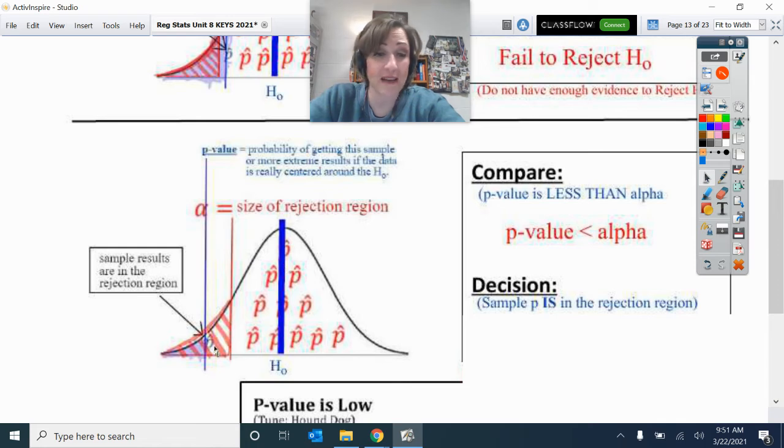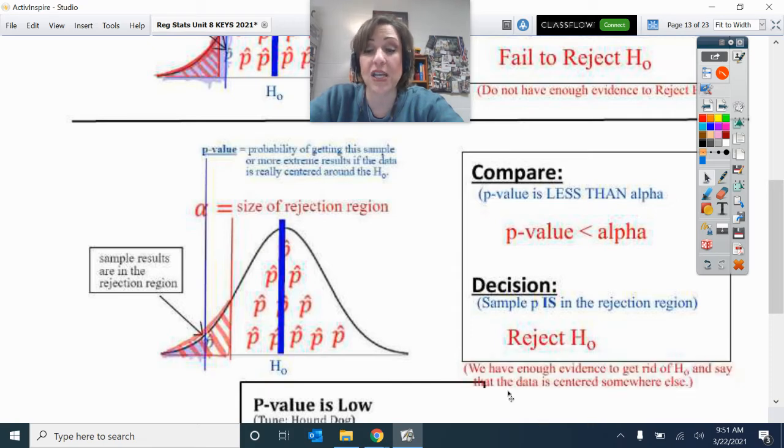If this one is far enough out there, do you think the data is really centered around this null hypothesis? And that answer is no. We reject the null hypothesis. We have enough evidence to get rid of HO, and we say, hey, I think the data is centered in this case somewhere lower.